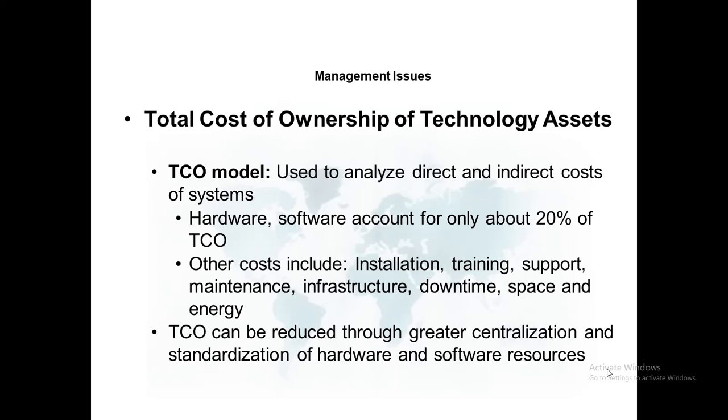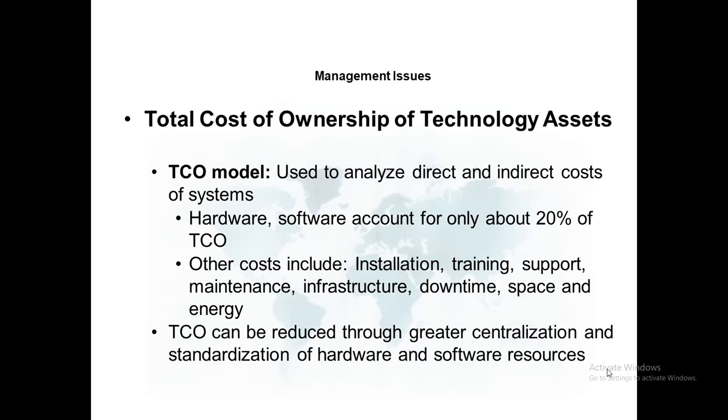Then there is the total cost of ownership of technology, or the TCO. The TCO model is used to analyze direct and indirect costs of systems. In most of the cases, the hardware and the software usually account for 20% of the total cost of ownership. But there are other costs.